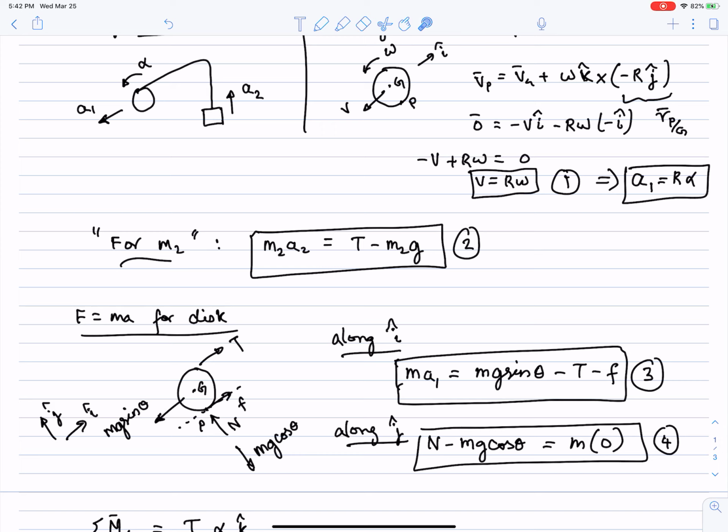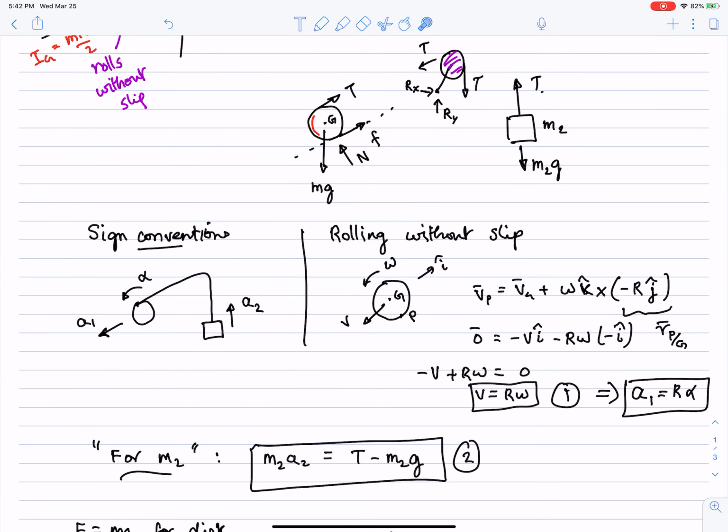Recall that this is the instantaneous center of rotation, this point has velocity v, and this point has velocity 2v, because it's 2r times omega.